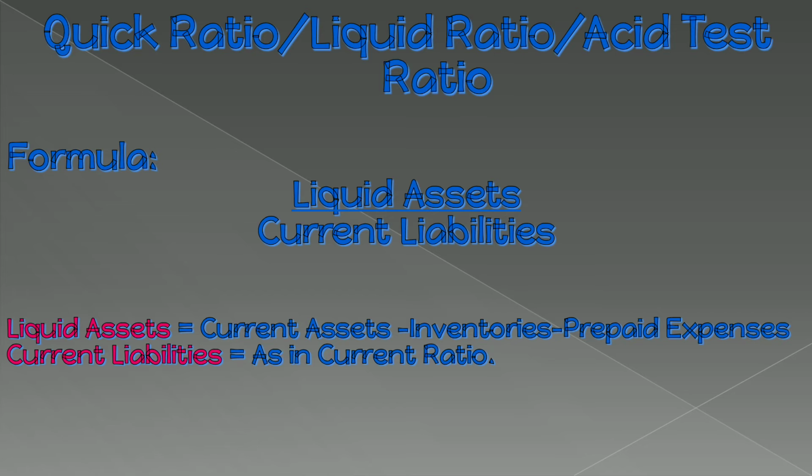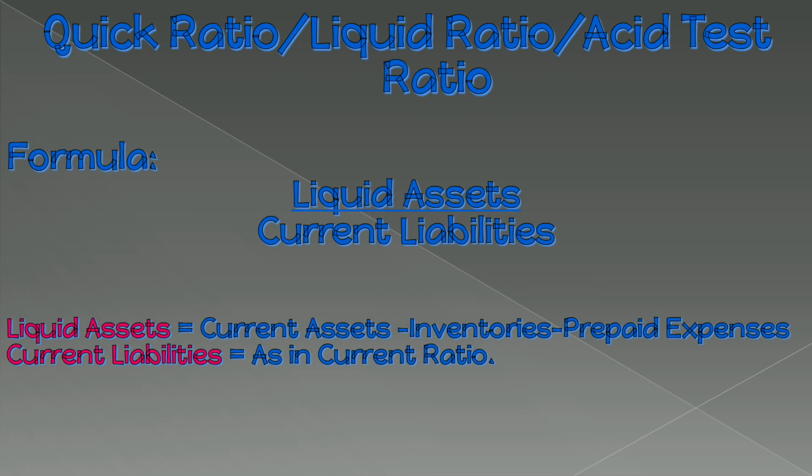First is the current ratio, another is the quick ratio, which is also known as liquid ratio. Another name of this ratio is acid test ratio. Is it clear? Yes. And the formula for this liquid ratio or quick ratio or acid test ratio is liquid assets divided by current liabilities.